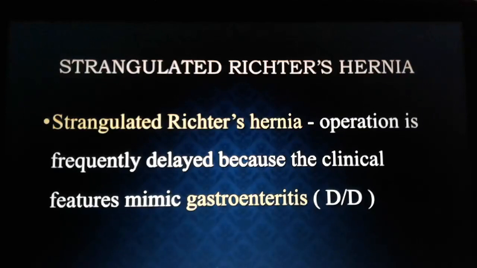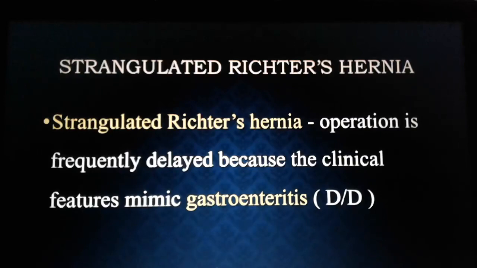Local signs of strangulation are usually not seen in strangulated Richter's hernia. The patient may not complain of vomiting, but yes, colicky pain is present off and on. Usually diarrhea is there, and only when the paralytic ileus starts does the complaint of absolute constipation appear.